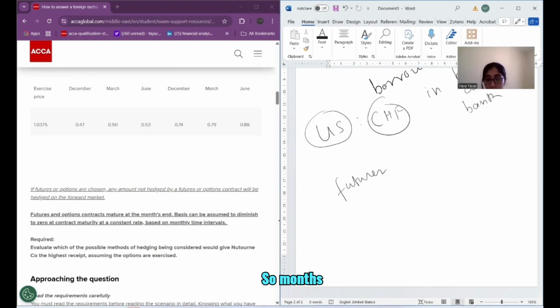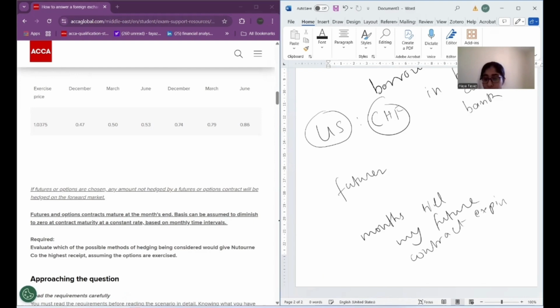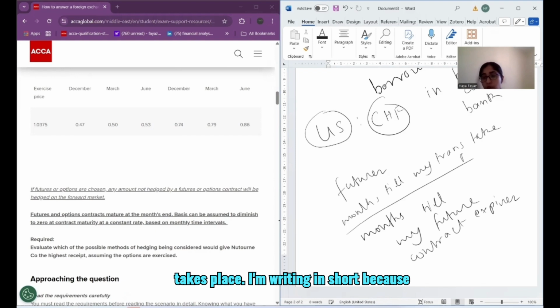So months till my futures contract expires, and the above thing will be months till my transaction takes place. I'm writing in short because there is not much time.